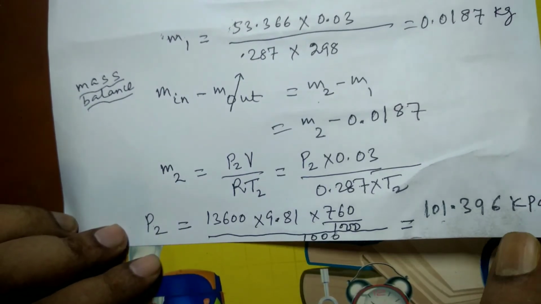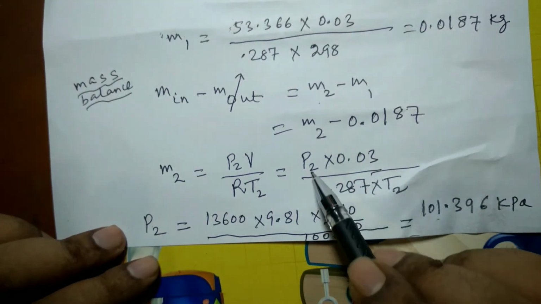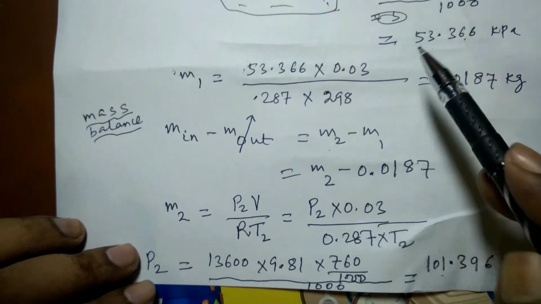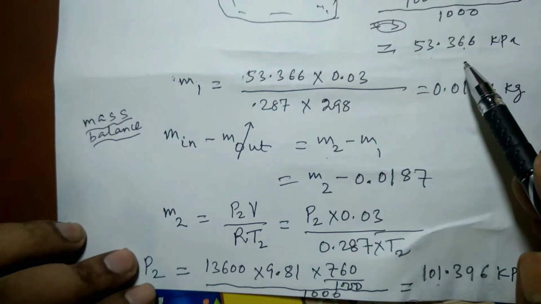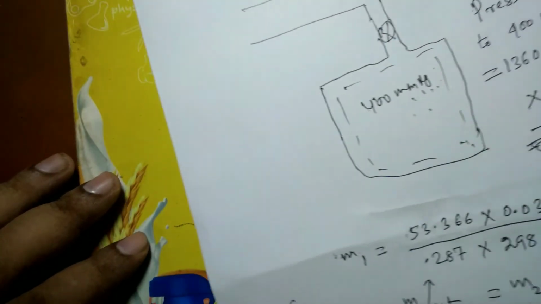Initial pressure inside the bottle was 53.366 kilopascal, and after the pressure rises to 101.396 kilopascal, the process will stop.